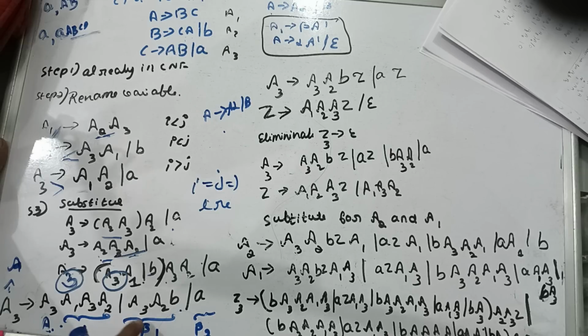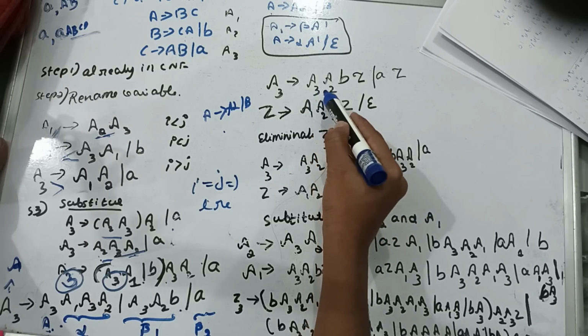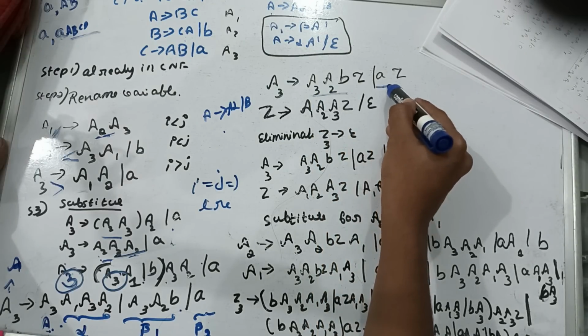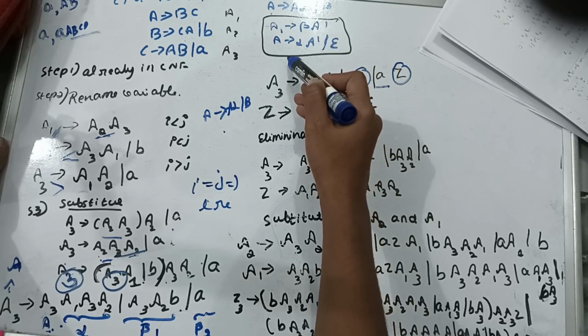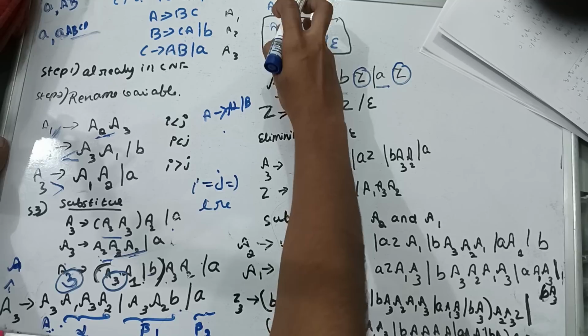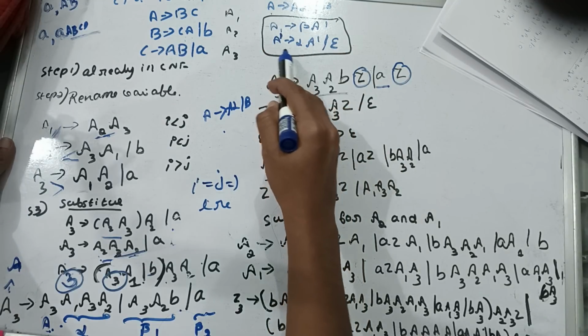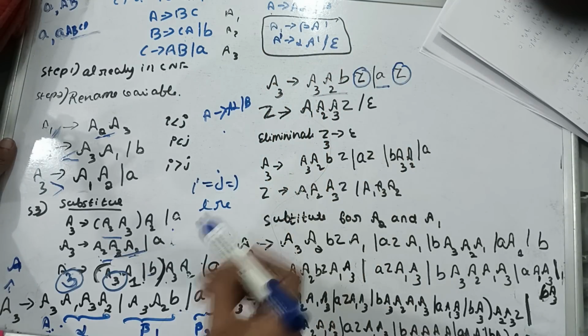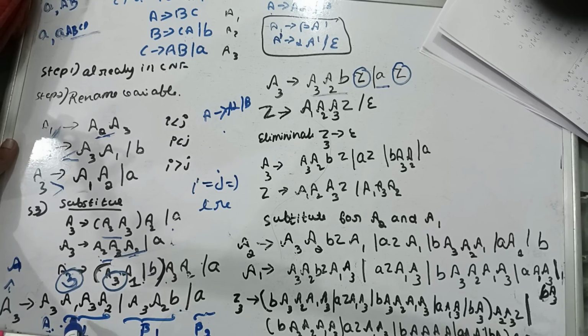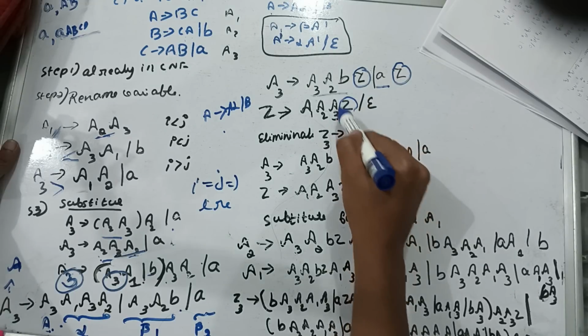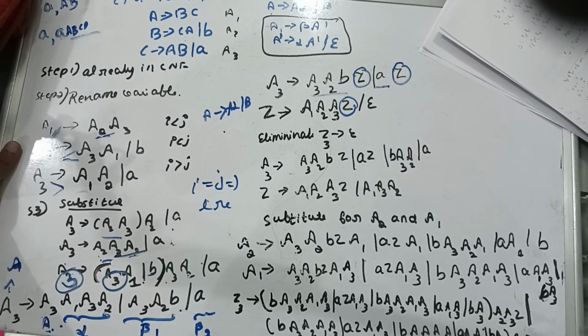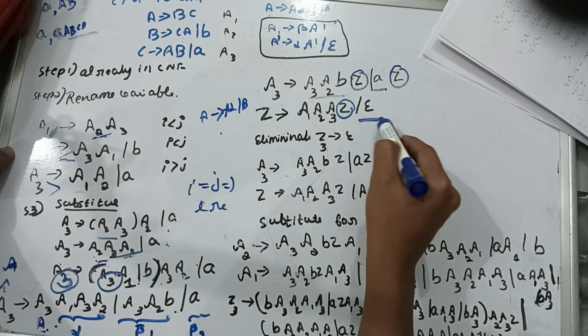In our case we have two betas, so write as it is first: A3 A2 B and A, then after that this is my A dash, Z. Then what is A dash? A dash gives alpha A dash or epsilon. Alpha is A1 A2 A3 A1 A2 A3 and again A dash, that is Z, or epsilon. This is left recursion.